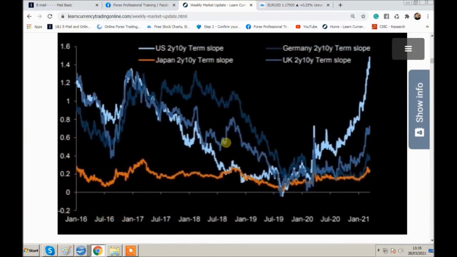First chart we're on is to do with bond yields, and if you're doing fundamental analysis, you want to know where bond yields are and what the expectations are for interest rate rises. On this chart, we've got four nations, and look at US bond yields.